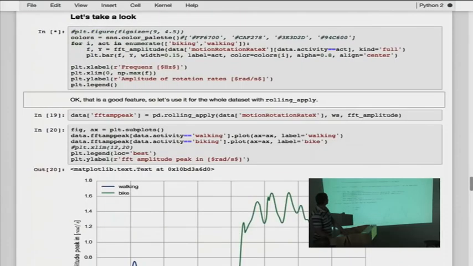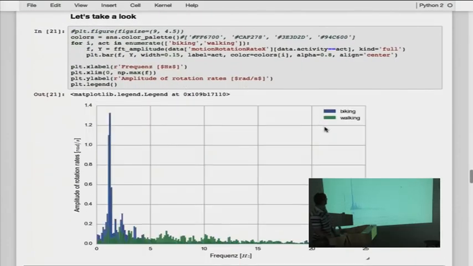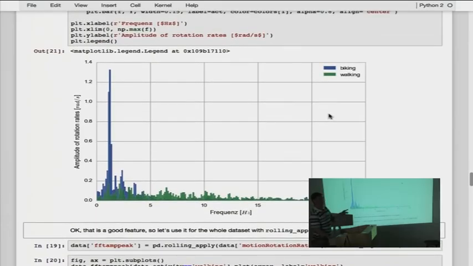And we fire this FFT algorithm on the whole data set, on the whole rotation rates, and you see while biking, you have something like 2 or 3 hertz, meaning 2 or 3 times per second, a high rotation rate, and while walking, it's not the case. So that's the second and also most important feature to separate all activities.